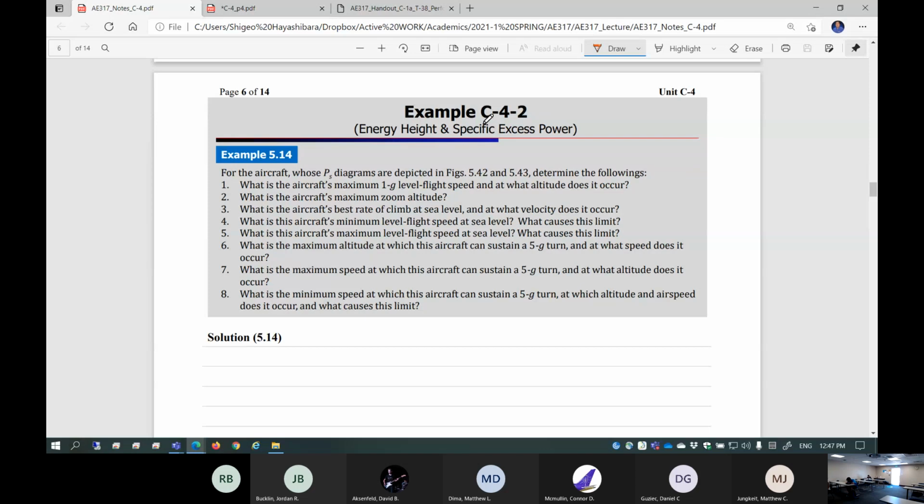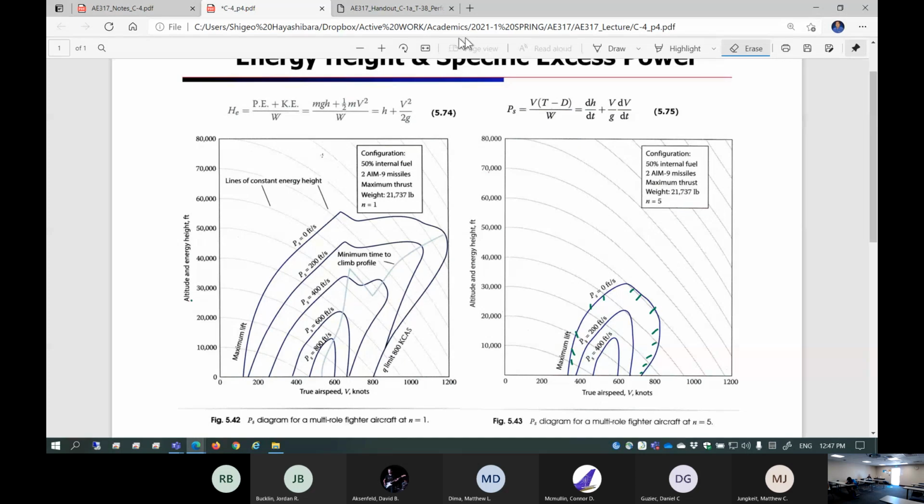First question is, what is the aircraft's maximum 1G level flight speed and at what altitude does it occur? Let's take a look at this figure.